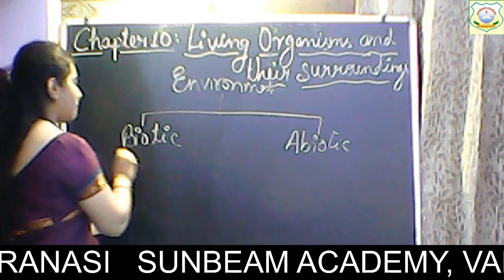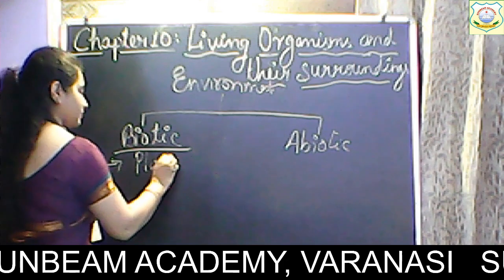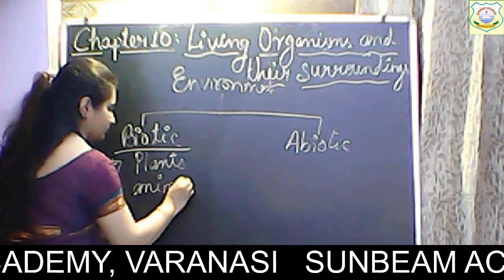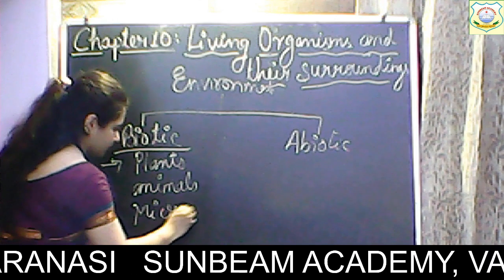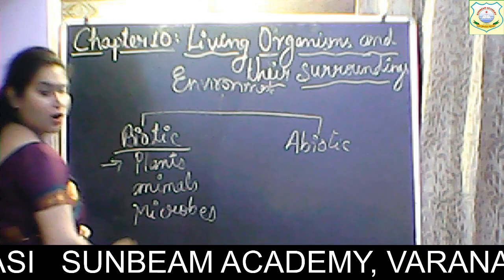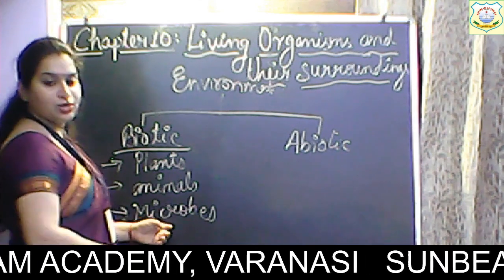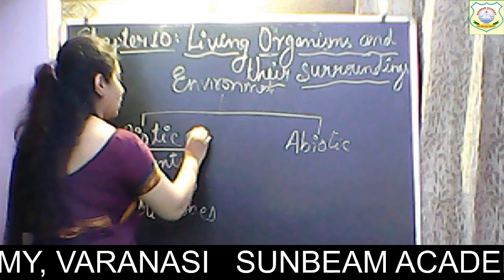Okay, biotic component includes plants, animals and microbes or small microorganisms. So plants, animals and microorganisms are the biotic or living components.